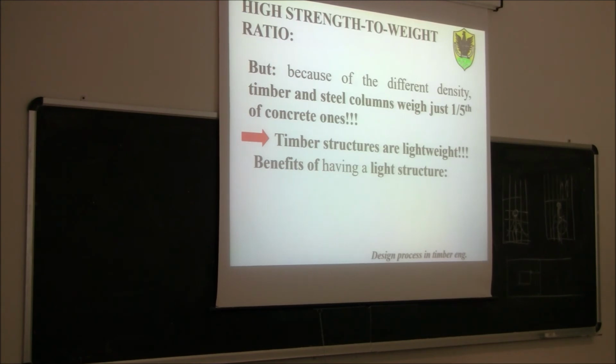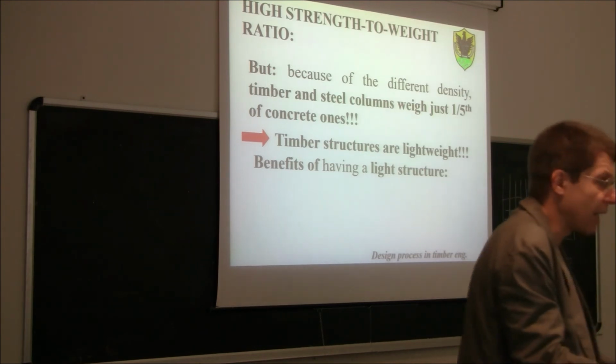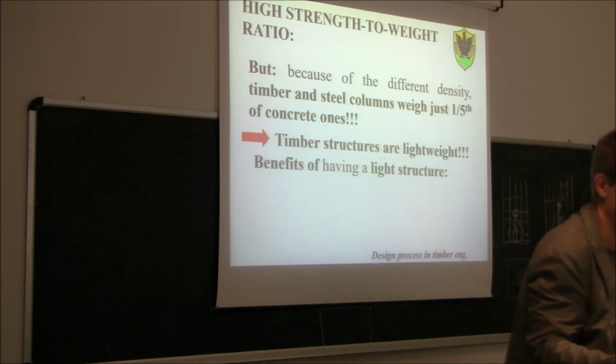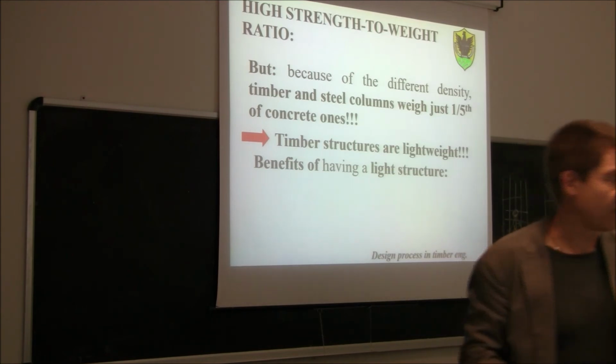Transportation and construction, for sure, because we can prefabricate modular elements, for example a beam, a column, a wall, which would be very lightweight, so we can transport them much more easily, and we can erect the building much more easily. Compared, for example, to a precast concrete construction, where the beam and column weigh 5 times the ones of timber and steel. So easy transportation and erection are advantages of a lightweight structure.